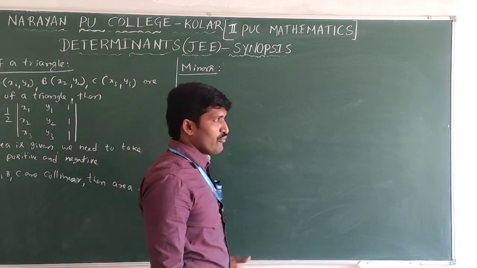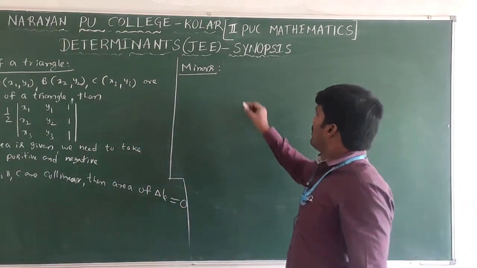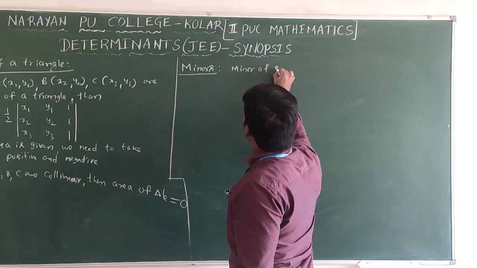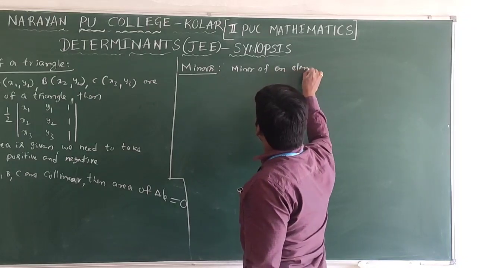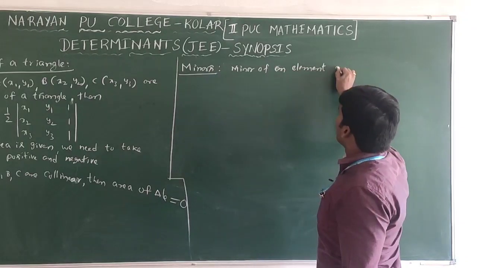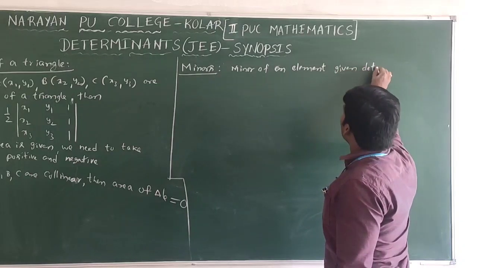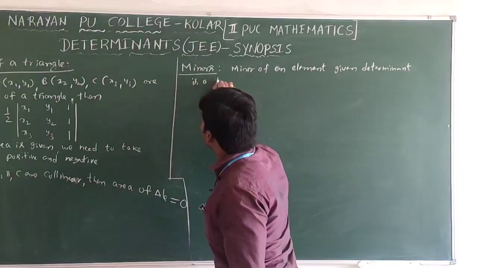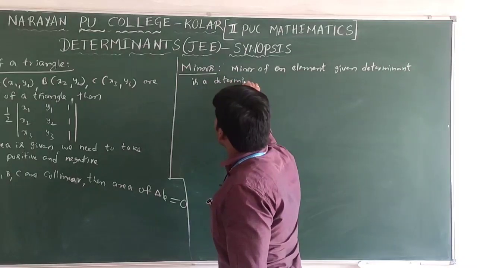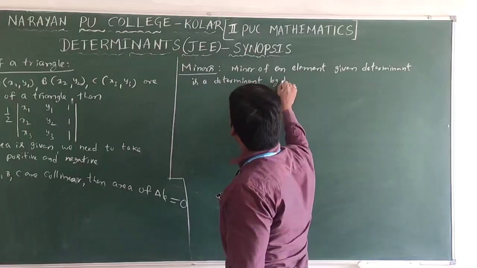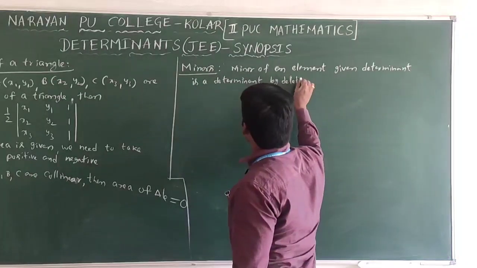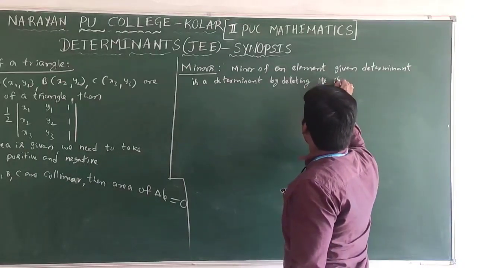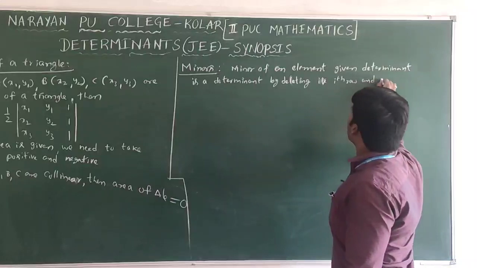How to find minor of a determinant, a given determinant. Minor of an element of a given determinant is a determinant obtained by deleting or eliminating its ith row and jth column.